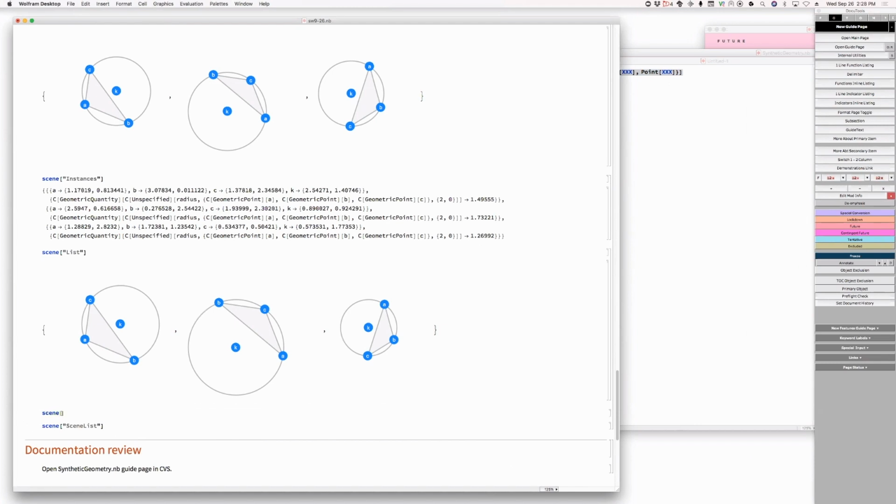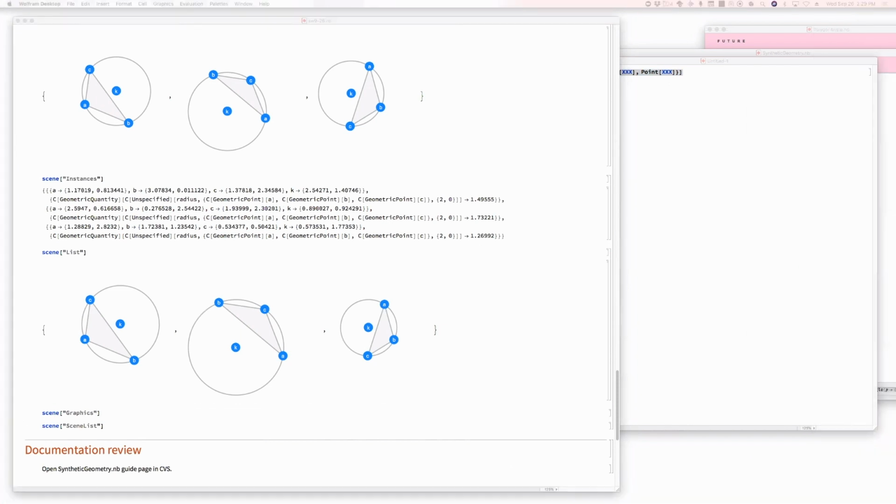And scene of scene list doesn't make any sense if you just have a single scene. No, it would give a list. It gives a singleton list. Yeah, right, this is good. Uniformity of stuff. Because what we had as subvalue tab view would just be tab view of scene list. That's stupid. Sorry, what are you saying?